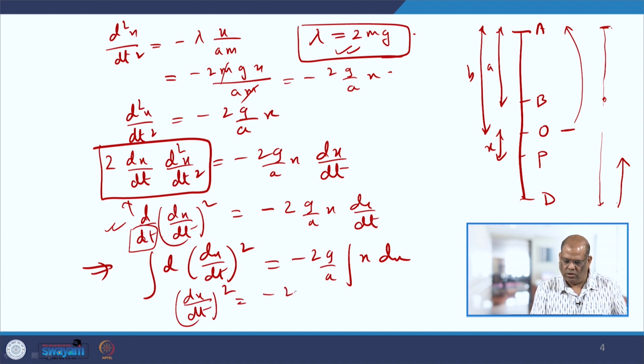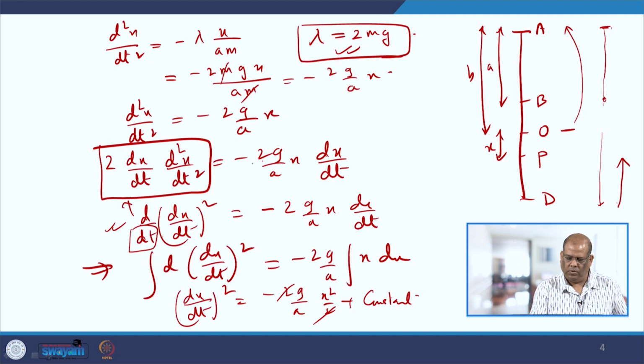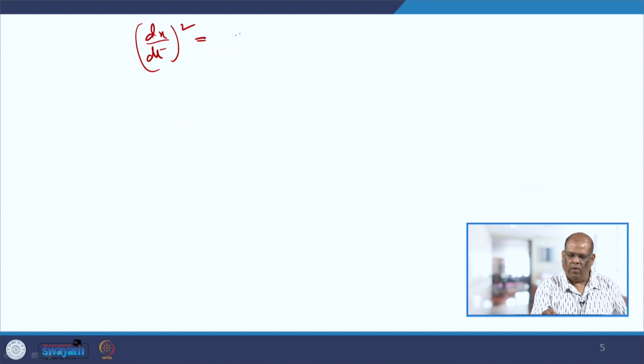This is minus 2g by A x squared by 2 plus some constant. Sorry, you are multiplying by 2 dx/dt. So, here it is 2 dx/dt, 2 dx/dt. This becomes 4, and you are cancelling with a 2. So, (dx/dt) whole squared equal to minus 2g by A x squared plus constant.